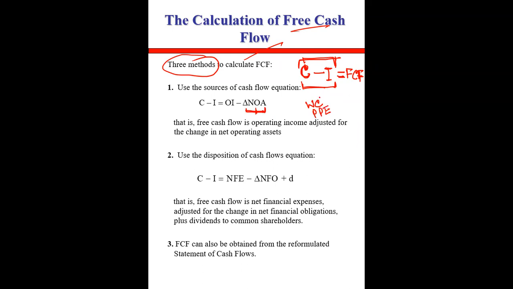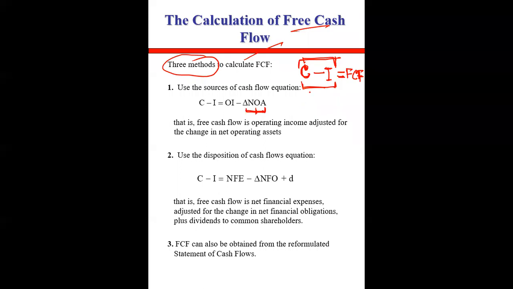Can you recall these operating items we included in the operating asset? From year to year, you'll see that there are changes in the net operating assets. So whether the change is positive or negative, you should take this number here to measure the free cash flow.